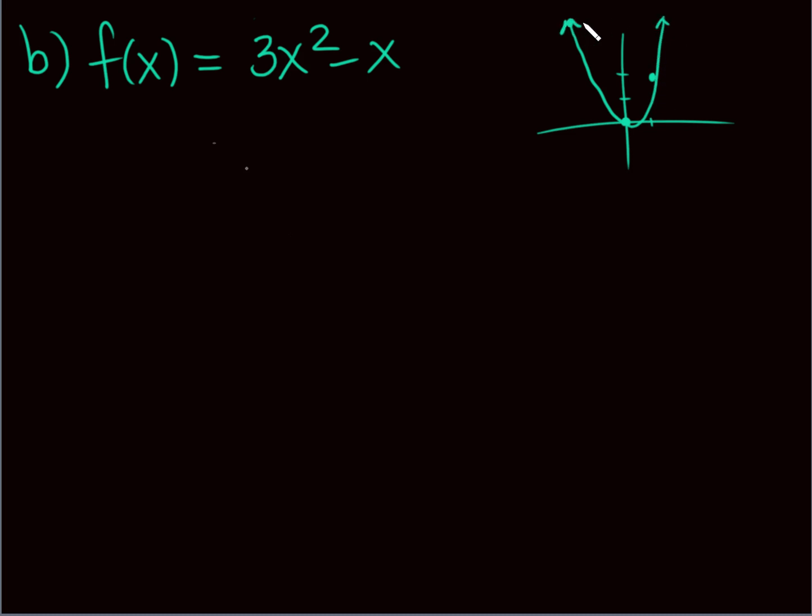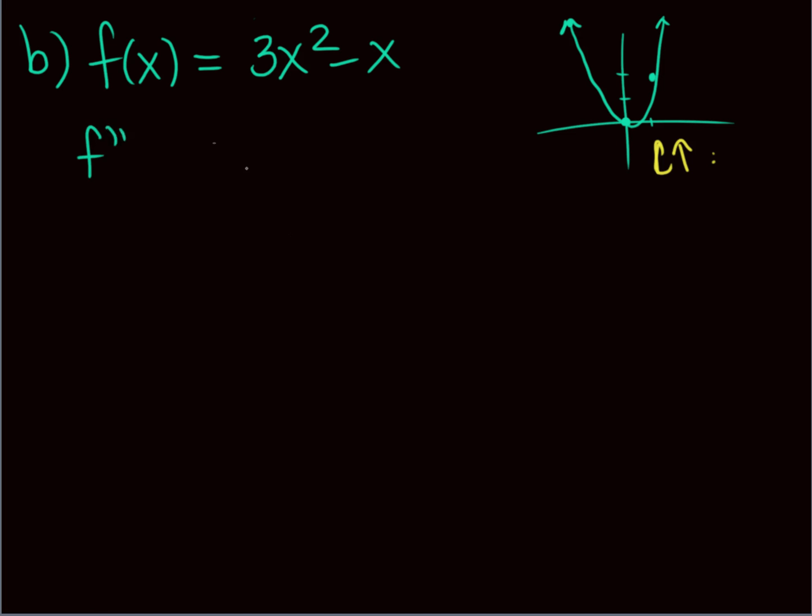If I know what the graph looks like, let's hypothesize what I should be getting. If you look at the graph, it looks to me like we're C up everywhere, right? So let's see if the calculus actually supports my hypothesis.